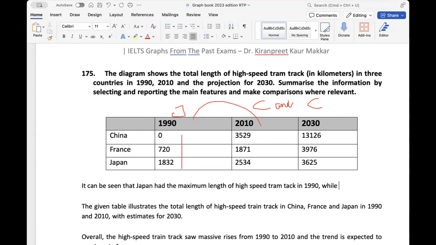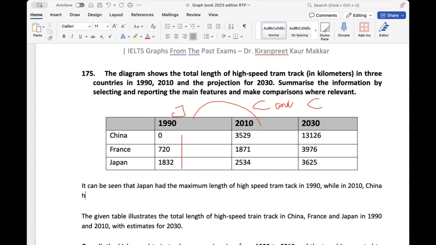Because they're different. If they were the same, I would have used and. While in 2010, China had the maximum length. And now and, because in 2030, it's China again. So I'm using not while, but and. And it is expected that China will have the maximum length in 2030 as well.